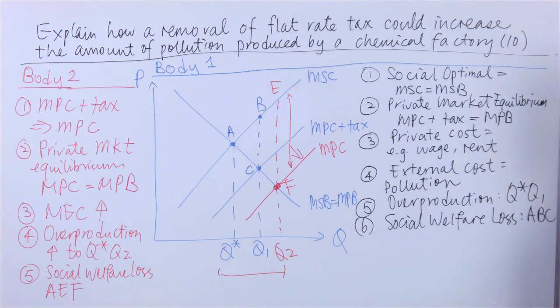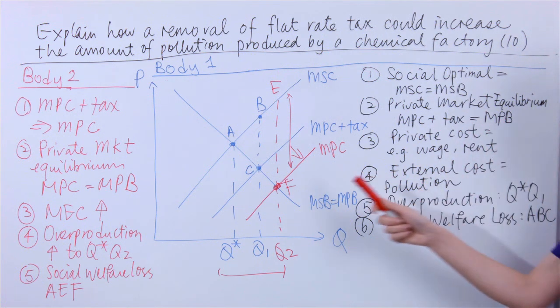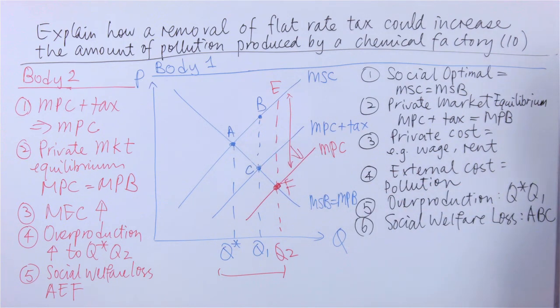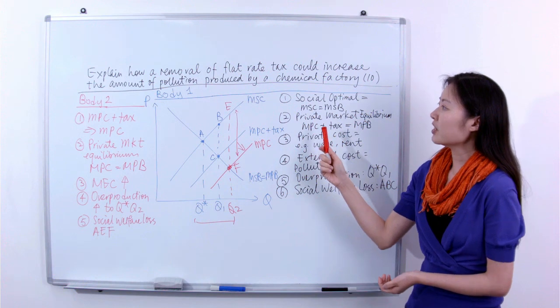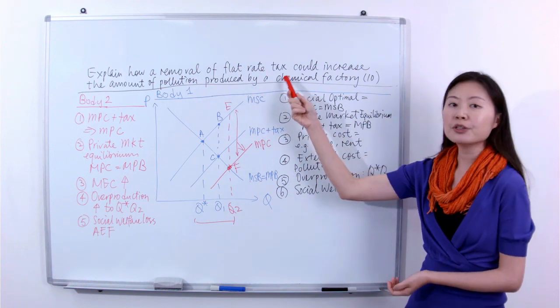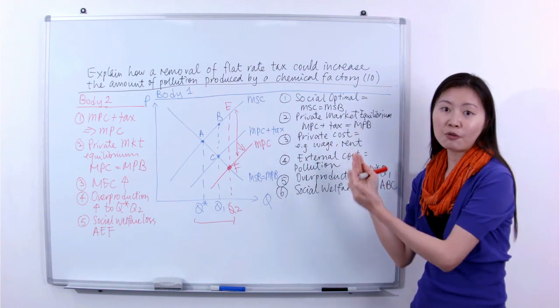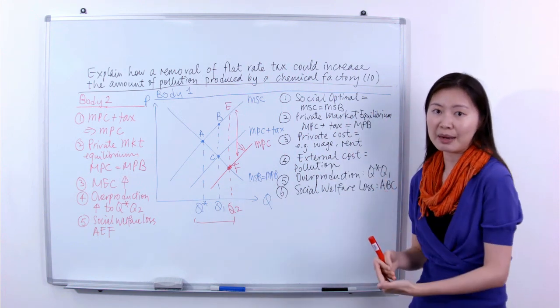And where is it in this case? In this case, it would be at MPC plus tax equals MPB, which is here. Now, we have illustrated where the market lies. And the question stated the pollution produced by a chemical factory, so we need to put the context of a chemical factory in our essay writing.